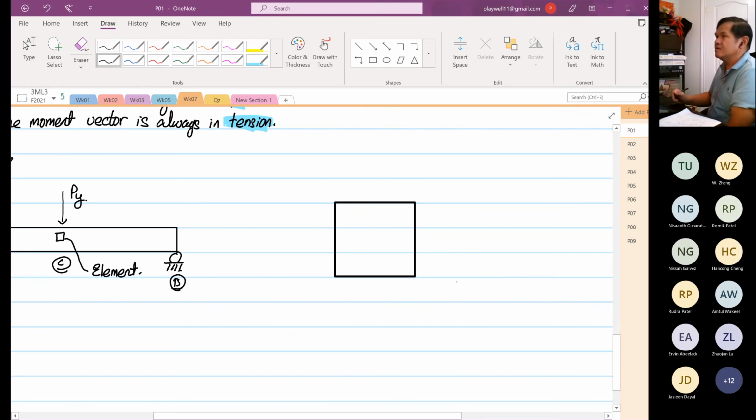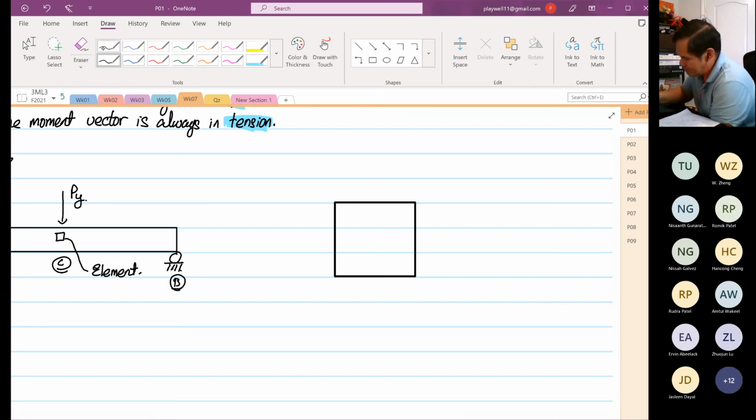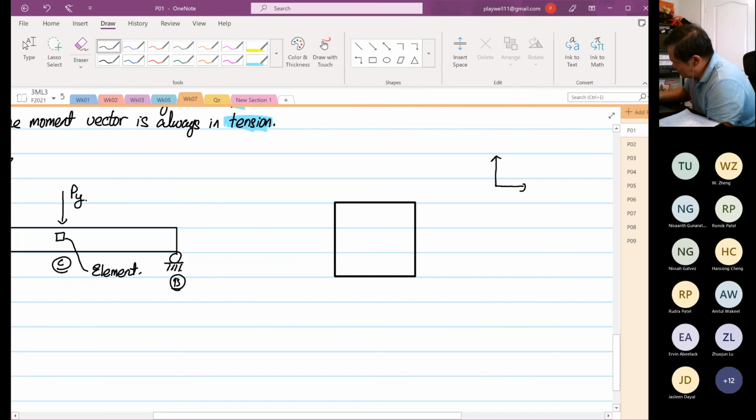I think you have seen an element before in the shearing stress. This is not the first time, right? So this is our transformation, X, Y, and this is rotation Z.